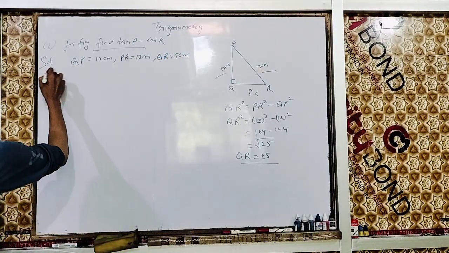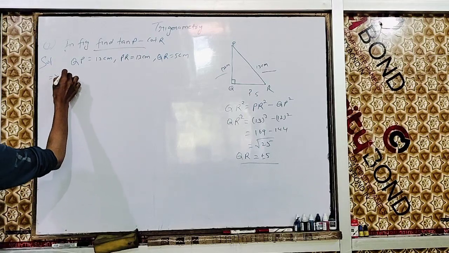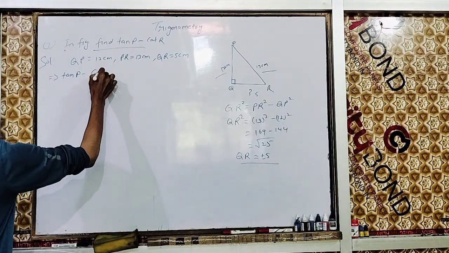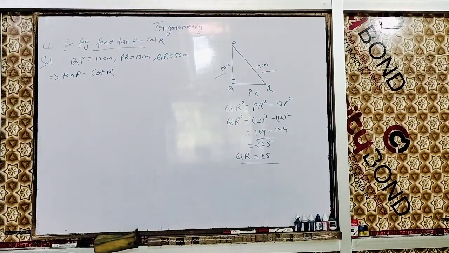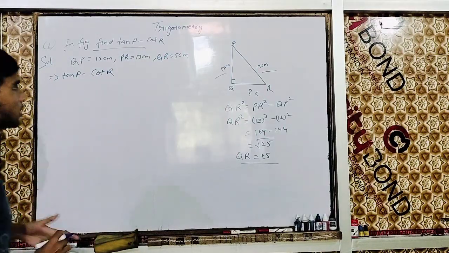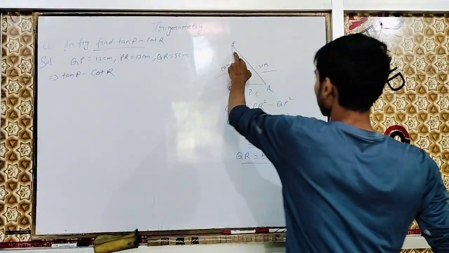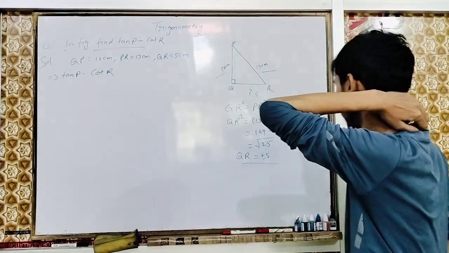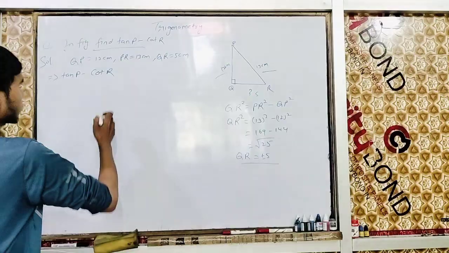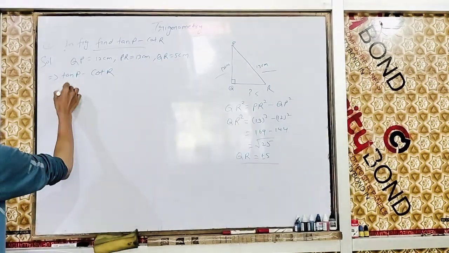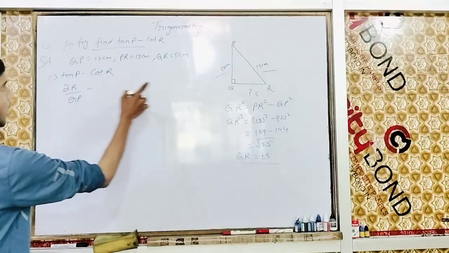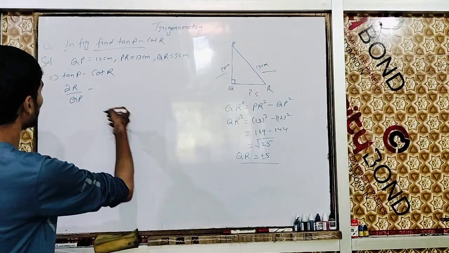Now let's see: tan P minus cot R. As you can see, P is over here. So opposite of this would be the perpendicular and this would be the base. So can we say QR upon QP, and then we have cot, just opposite of this.